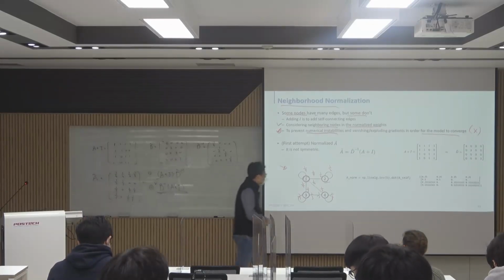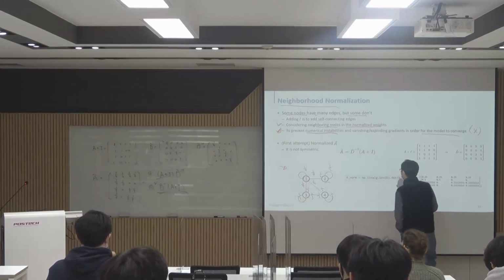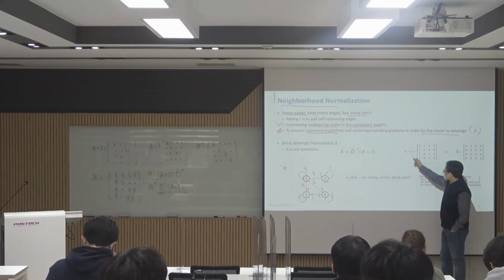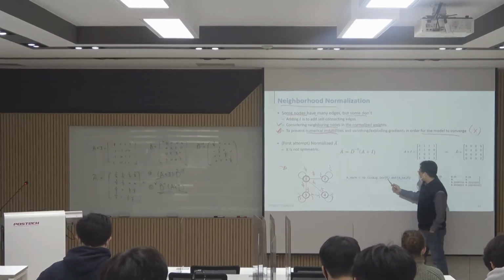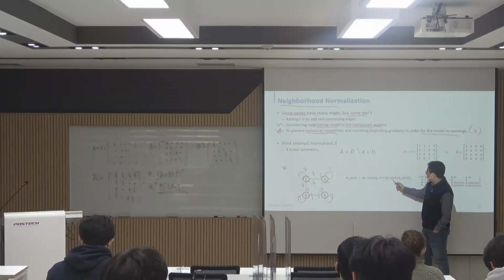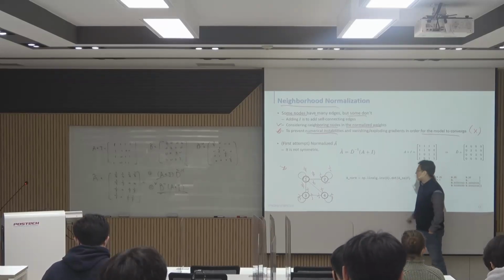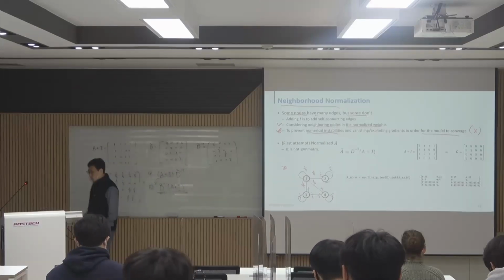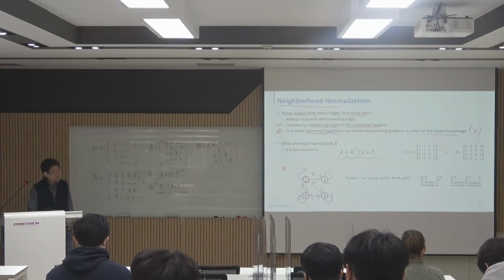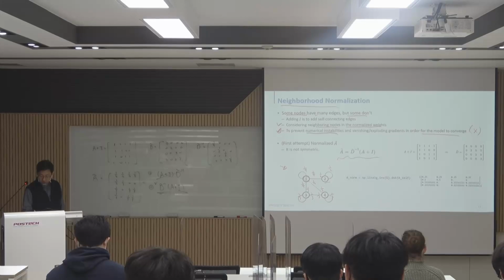So what we can do is define the A plus I matrix as A self, and we have to compute the inverse of that D matrix, and we need to do multiplications. So that's how we do it, and that's how we got it.